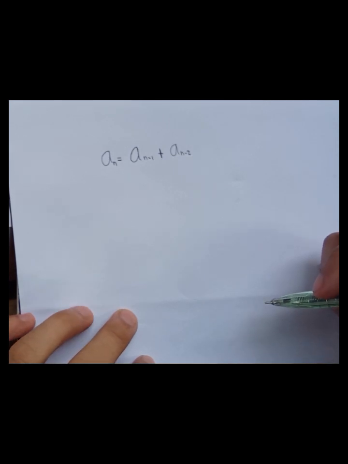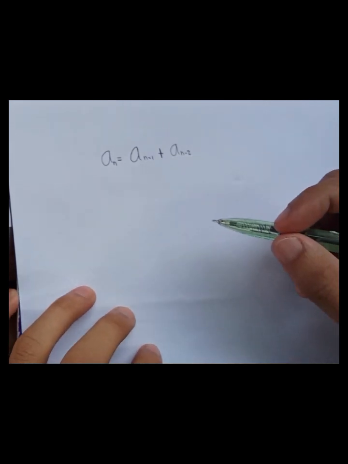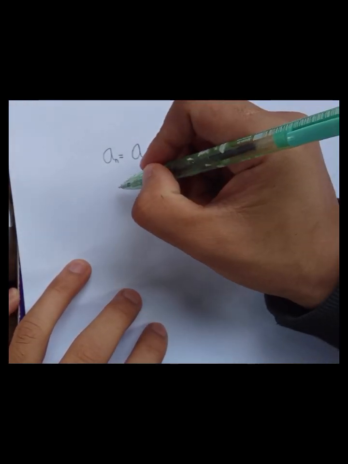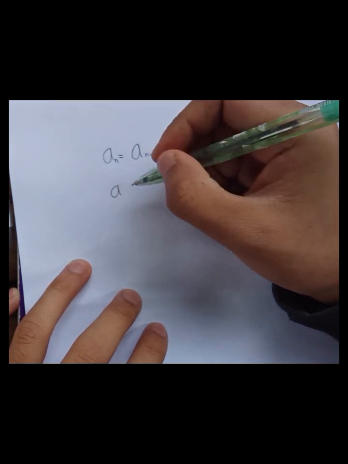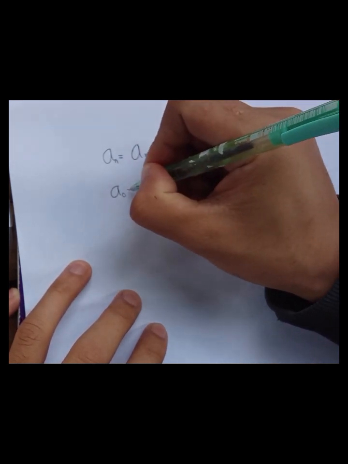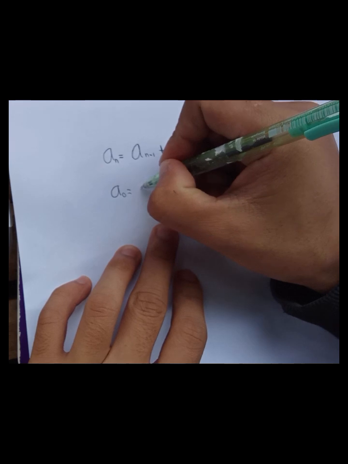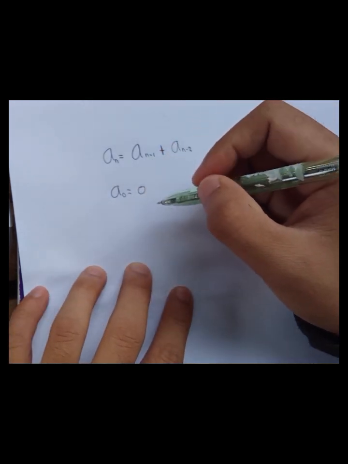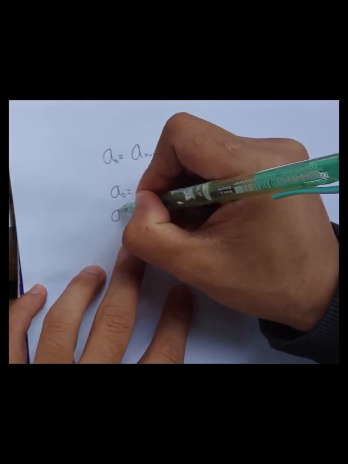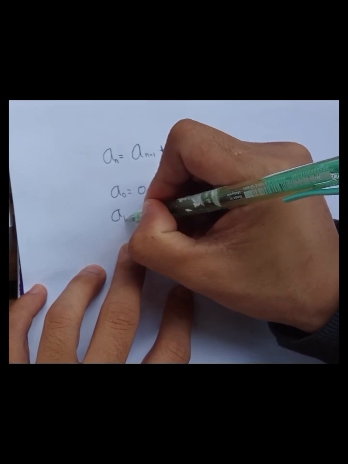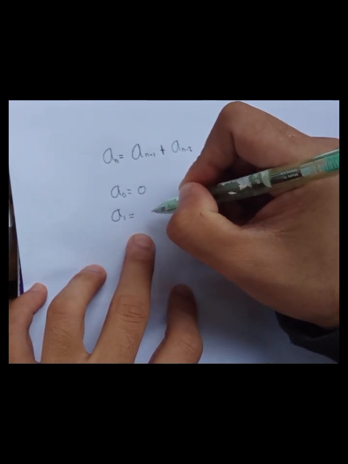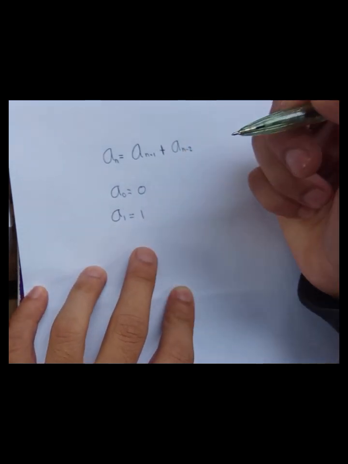Let's build it step by step. We start with a sub 0 is equal to 0 and a sub 1 is equal to 1.